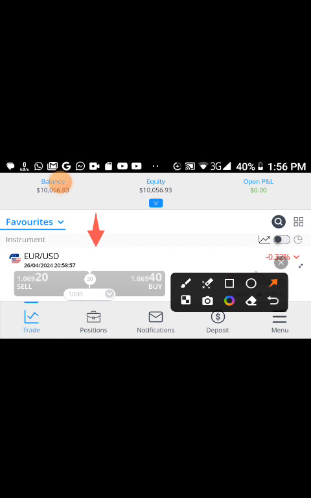A 1 to 50 leverage means you pay 1% when you're buying a stock. On a 1-to-1 ratio, you could only buy say 100 units of something, just 100 units.